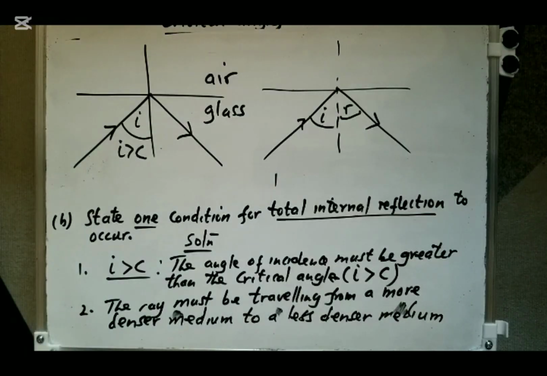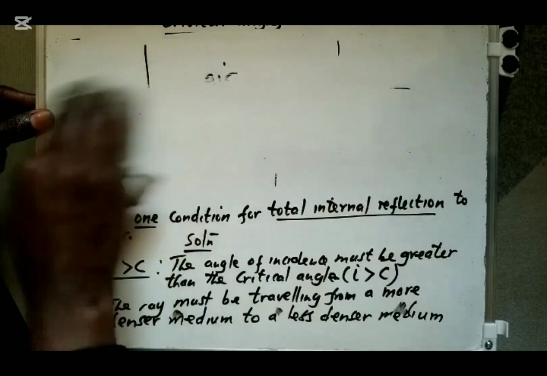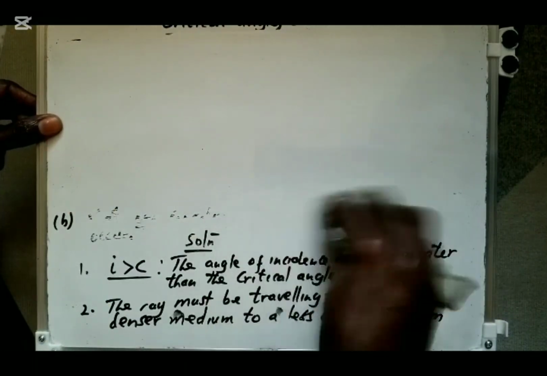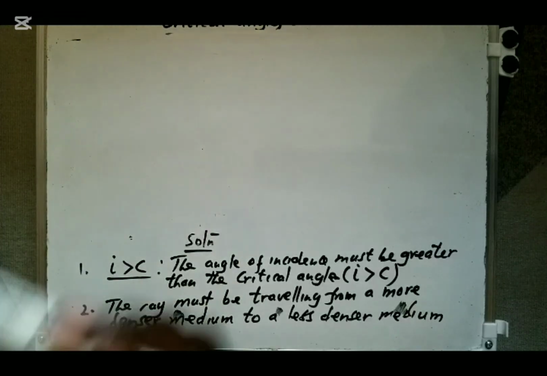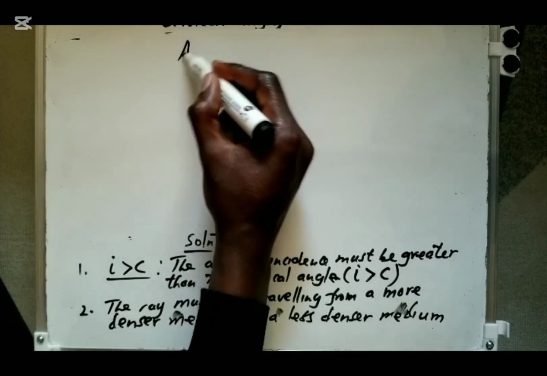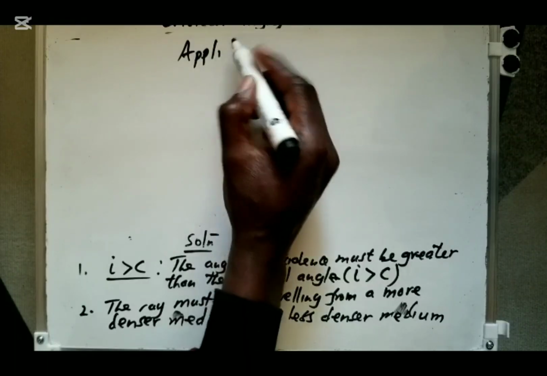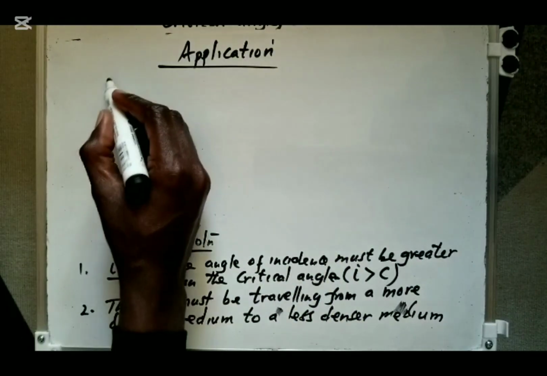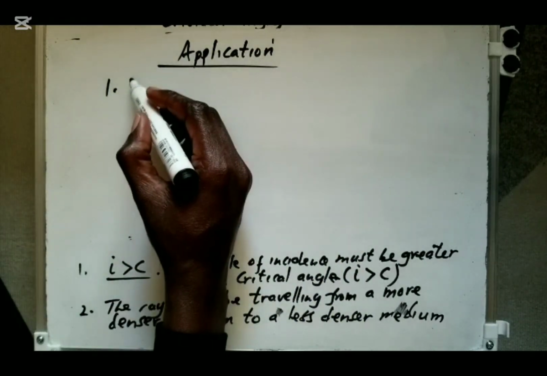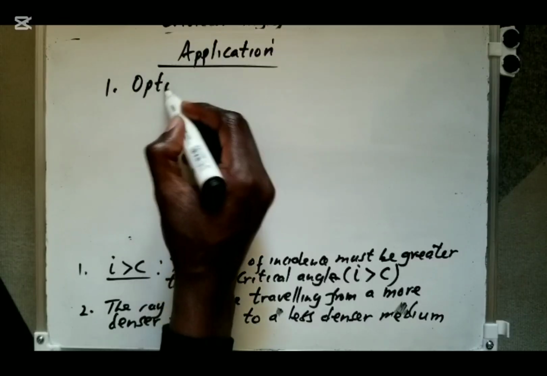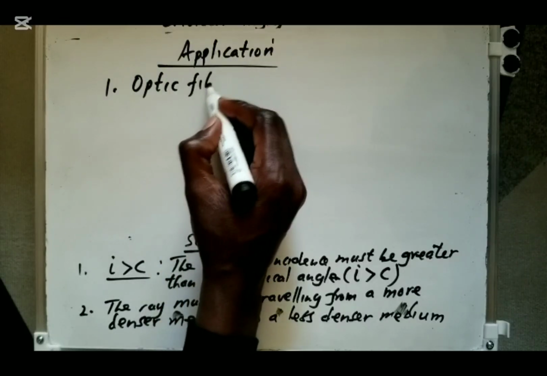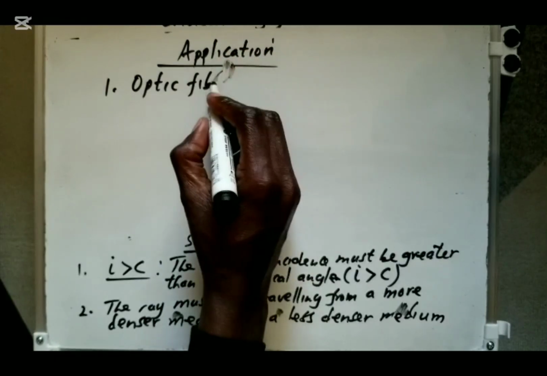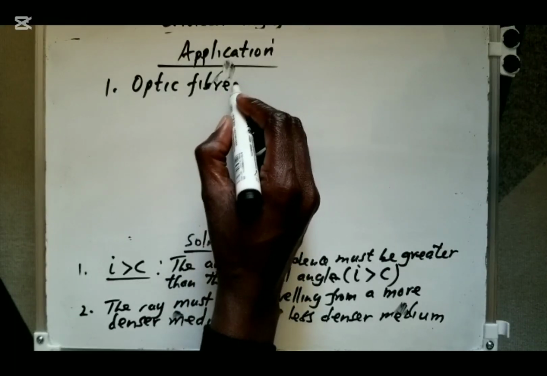So that is what you need to remember. Now, of course, they are going to tell you to talk about applications. Where can we apply total internal reflection? In most cases we apply it in what we call optic fibers, and optic fibers are used in telecommunication.